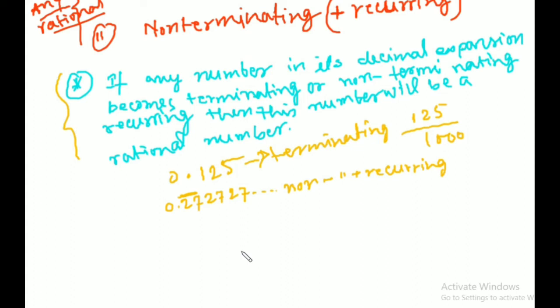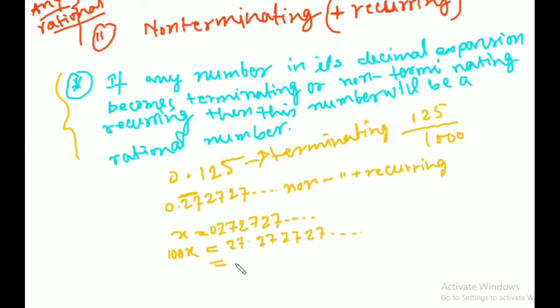Okay, so let us say that x equals 0.272727, and it goes on. We multiply both sides by 100. Then 100x equals 27.272727, and it will go on like that.